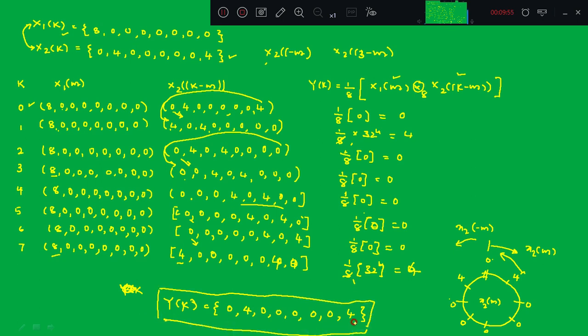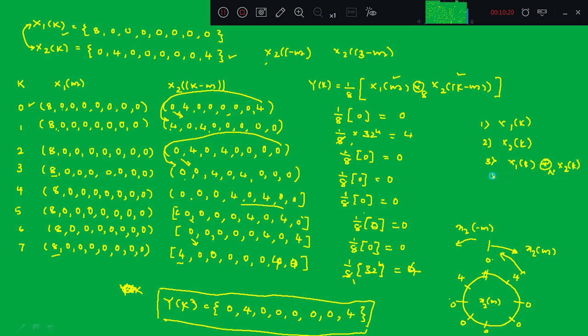Right? So I will briefly revise this. First you have to find the DFT of x1, next find X2 of k, next find the circular convolution of X1 of k and X2 of k.